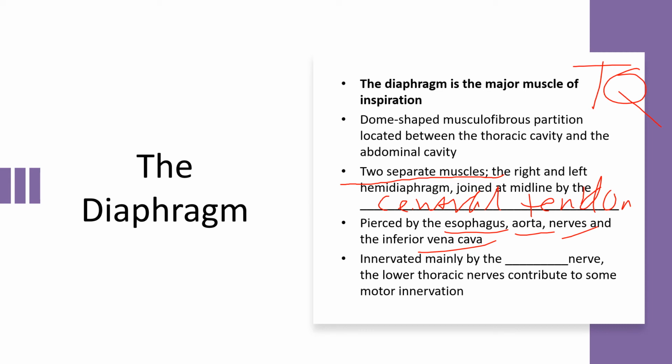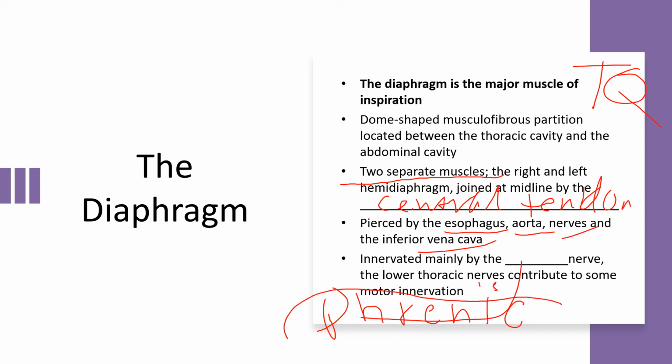It's innervated by what nerve? Hopefully you guys remember this from regular A&P. I'm pretty sure you went over it there, but if not, you'll go over it again here. Phrenic, P-H-R-E-N-I-C, the phrenic nerve. The phrenic nerve and the lower thoracic nerves contribute to the motor innervation of the diaphragm.